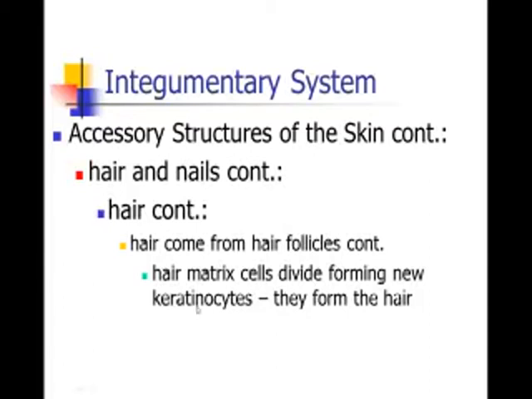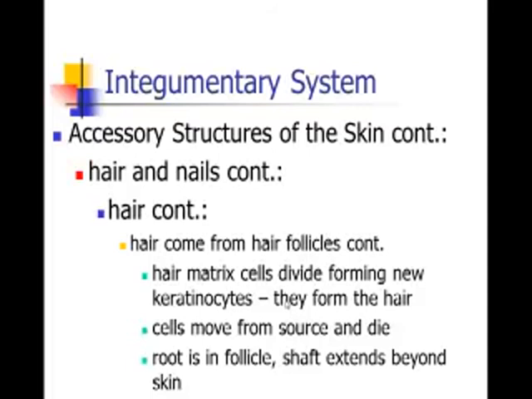Remember that keratinocytes incorporate keratin, the protein, into themselves, and these keratinocytes form the hair. Then the cells move away from their source in the follicle and they die. So what you see on people's bodies, the hair, is mostly dead stuff. But the root of the hair is in the follicle, and then the shaft extends outwards and away from the skin.